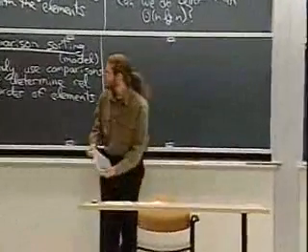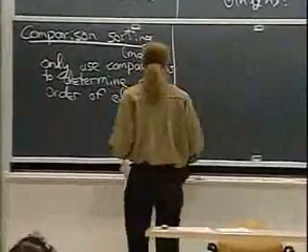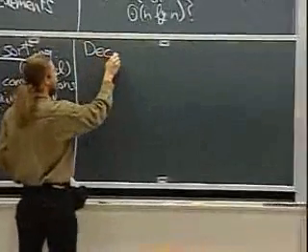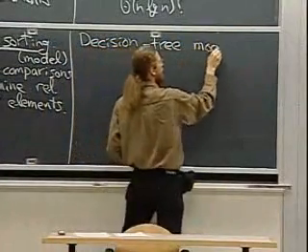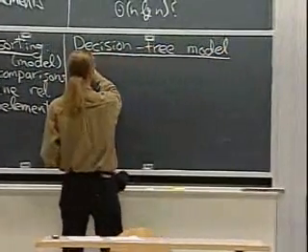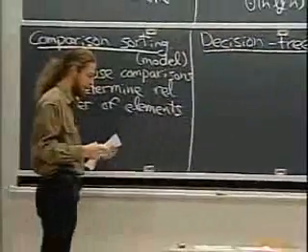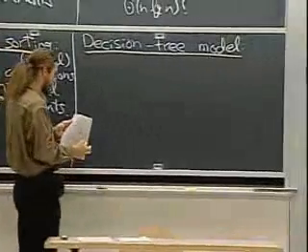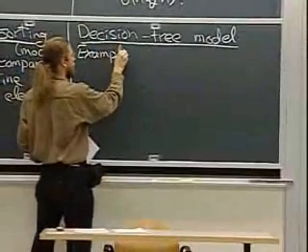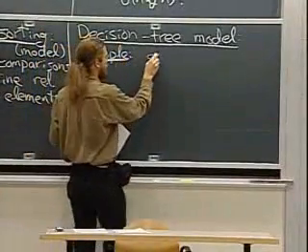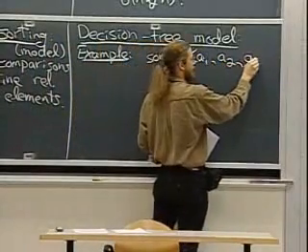But first, we're going to stick to this comparison model and try to understand why we need n log n comparisons, if that's all we're allowed to do. And for that, we're going to look at something called decision trees, which in some sense is another model of what you're allowed to do in an algorithm. But it's more general than the comparison model. And let's try an example. Get some intuition. So suppose we want to sort 3 elements.